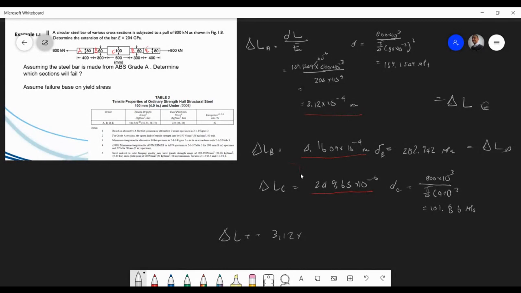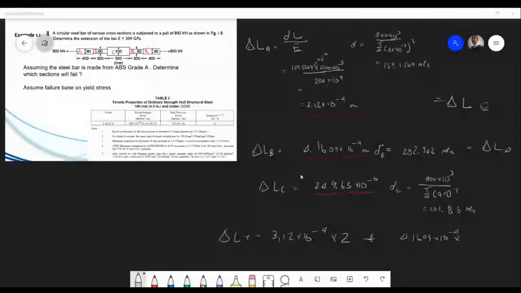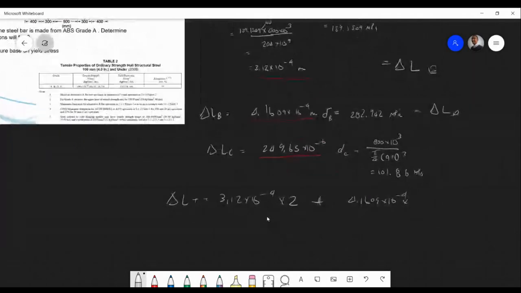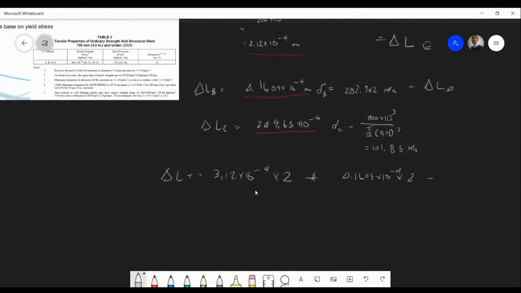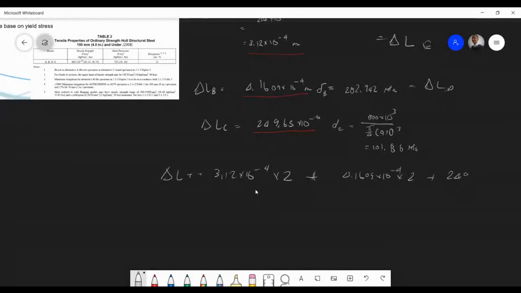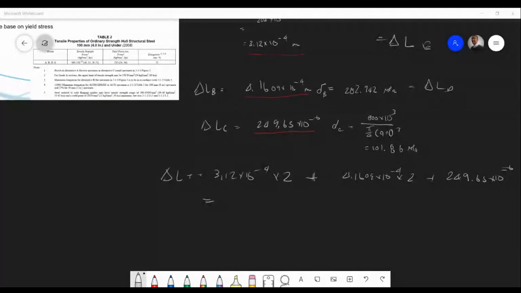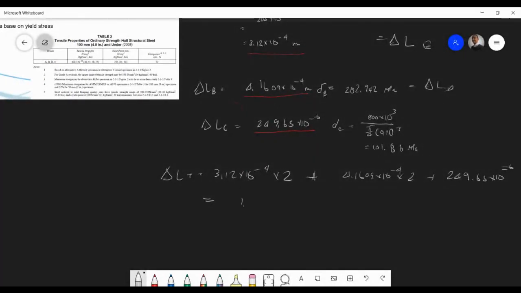I'm going to say 3.12 times 10 to the negative 4 multiplied by 2, plus B is 4.1609 times 10 to the negative 4 times 2. And we're just adding up the small section here, 249.65. And your expected answer should be 1.708 millimeters. If you got that, well done.